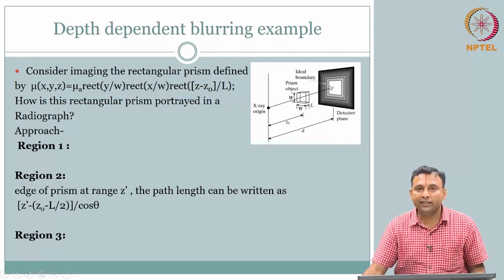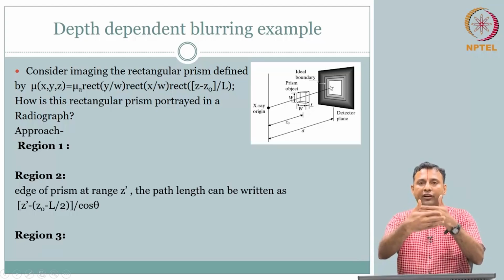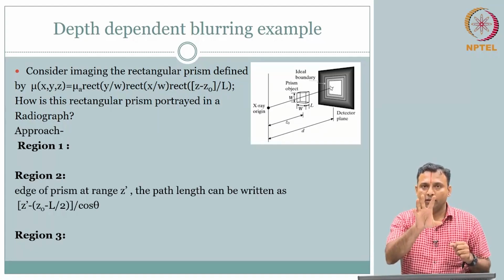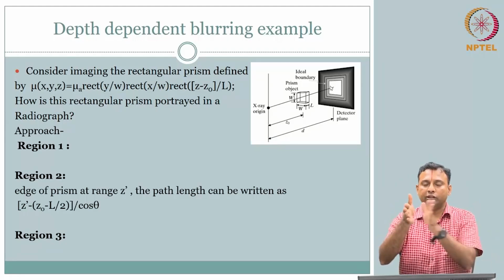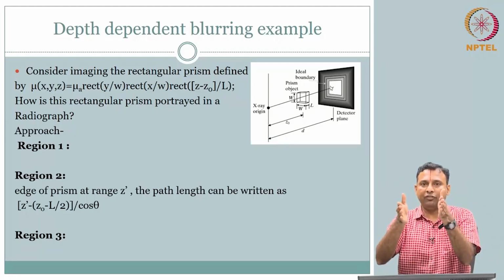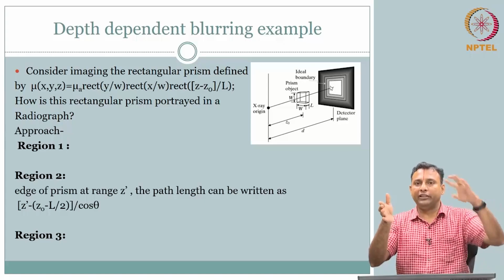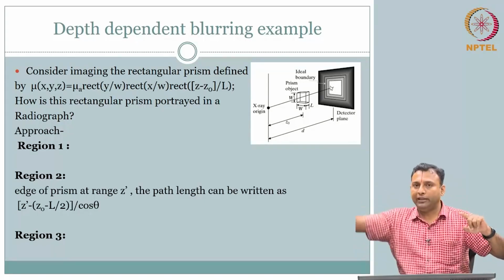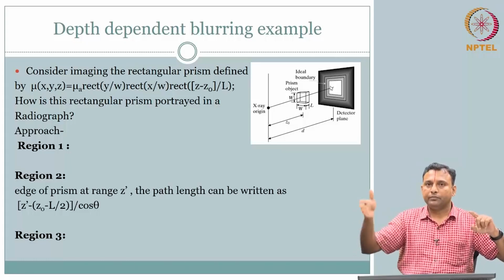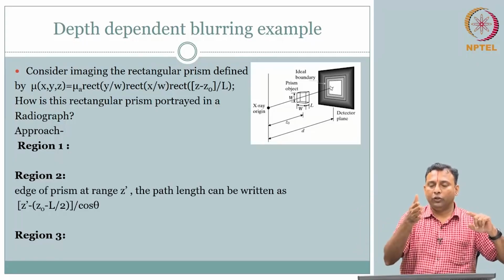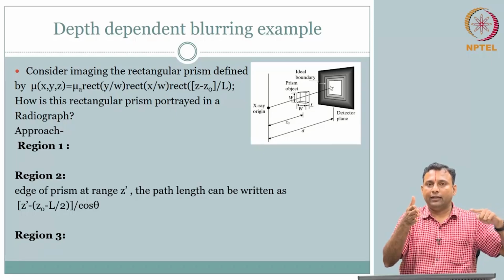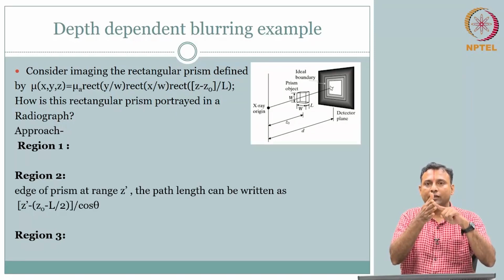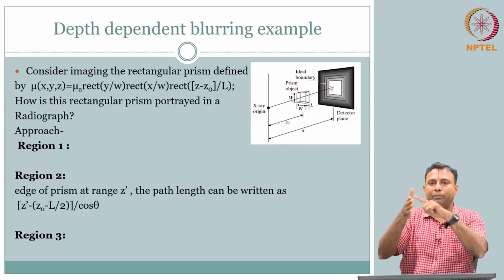What is new here is that I have a front face and a back face, and the diverging X-rays are coming. This is my back face, this is my front face, and here is my detector plane. X-rays are coming, diverging. It could happen that the X-ray enters the front face but does not go through the complete path length.